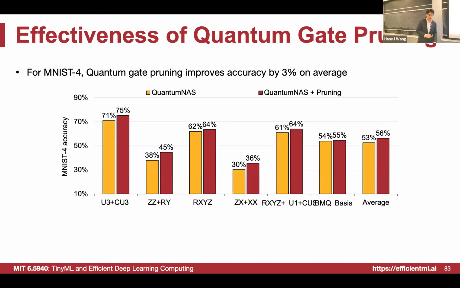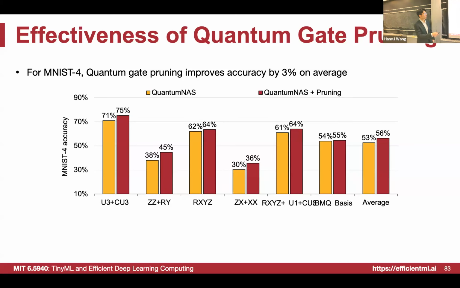Another interesting aspect is that for classical pruning, we expect that after pruning the network, the performance will be the same or a little bit lower than the previous performance, because pruning reduces the capacity. But on the quantum side, gate pruning can not only preserve performance but also increase performance by a little bit.